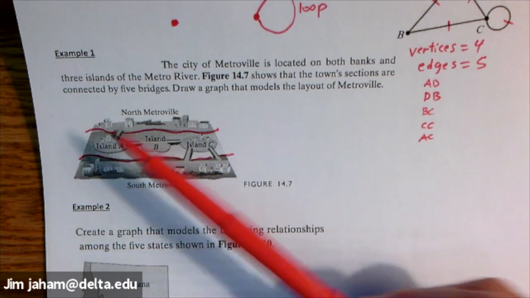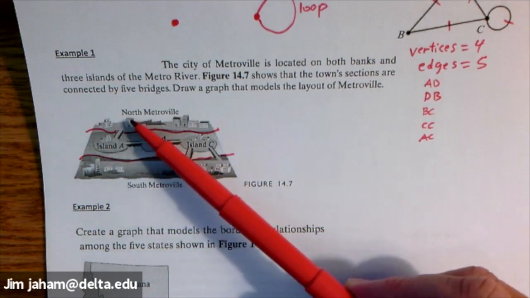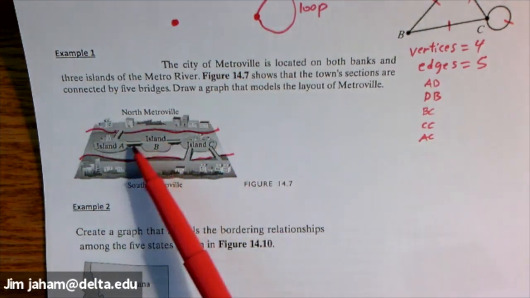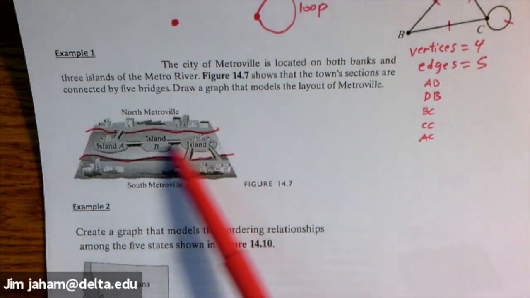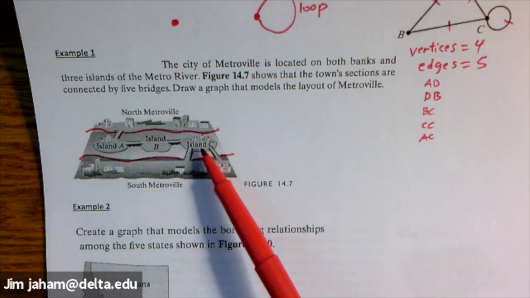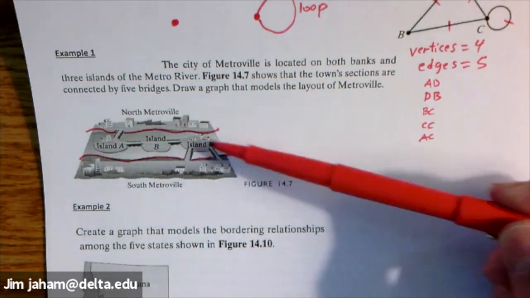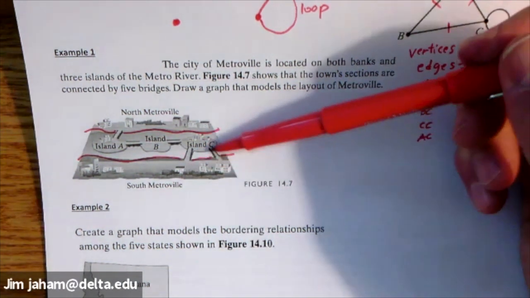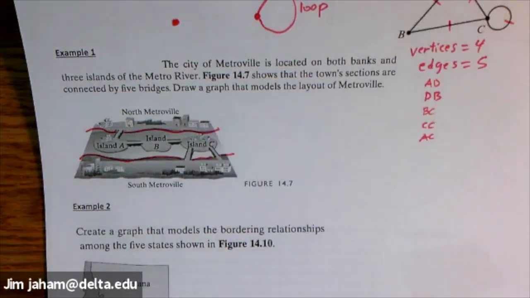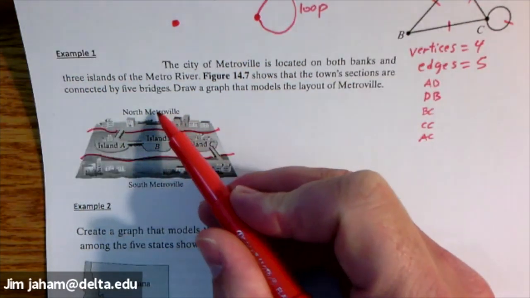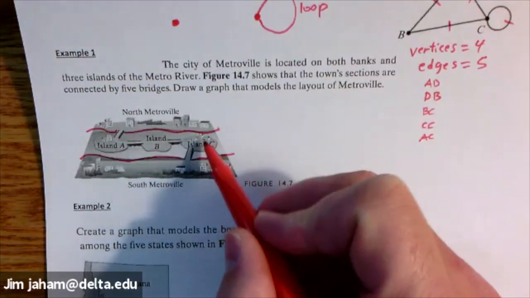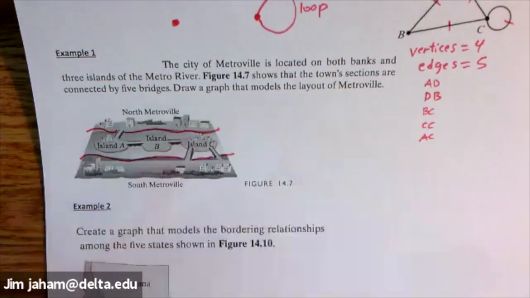There's a bridge connecting Island A with North Metroville. Here's a bridge that connects Island A with Island B. Here's another bridge that connects Island B with Island C. And then it looks like there are 2 bridges going into South Metroville from Island C. It doesn't look like there's a bridge from Island B up to North Metroville, and it doesn't appear that there's a bridge from Island C up to North Metroville.